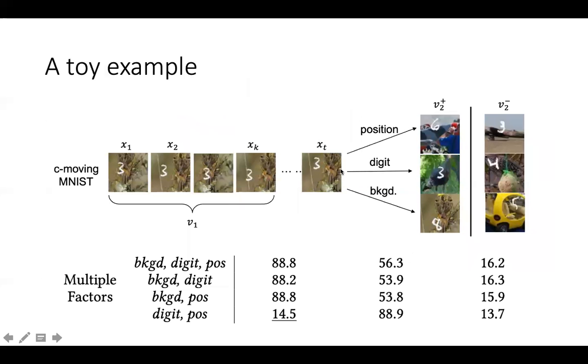Now let's take a look at a toy example to understand this property. To understand this property, we construct a moving MNIST dataset, where you have an image canvas, and the digit is moving constantly with constant speed inside the canvas.